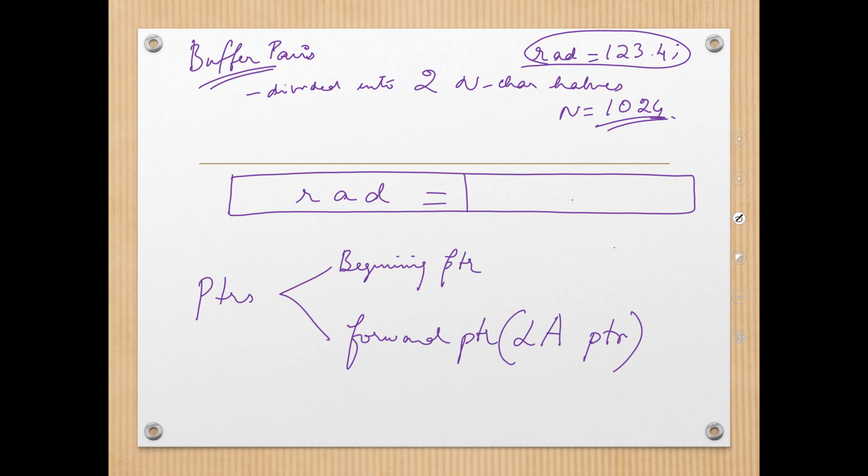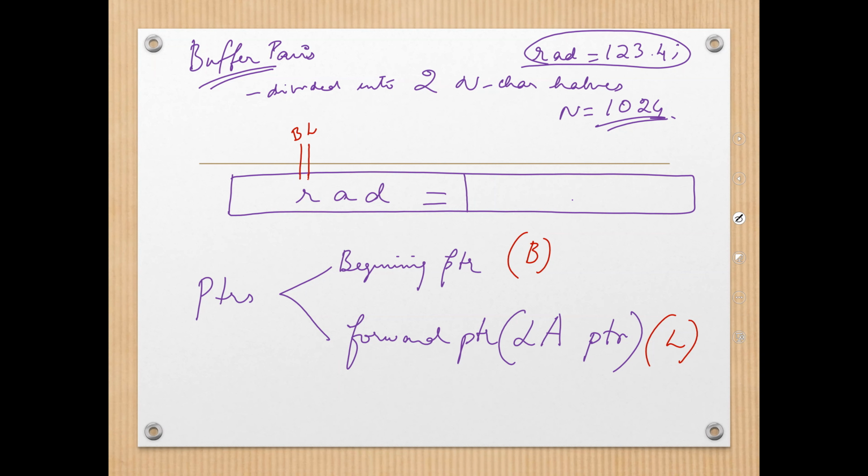I'll name them B and L. In the beginning, both point at your first character. The beginning pointer will not start moving. The look ahead pointer, just as the name denotes, will start moving until a token is recognized.